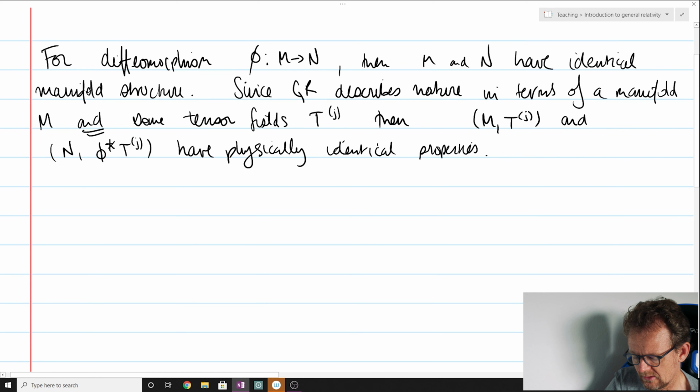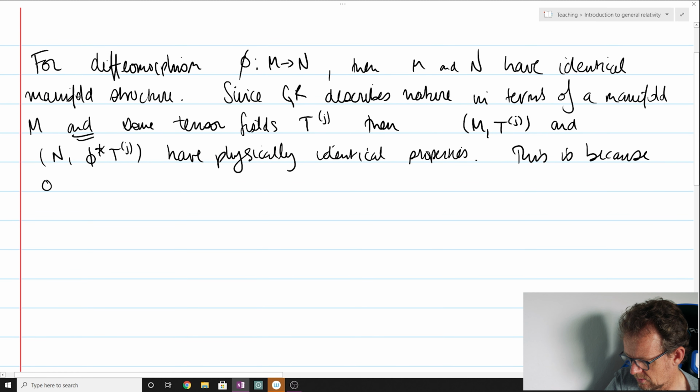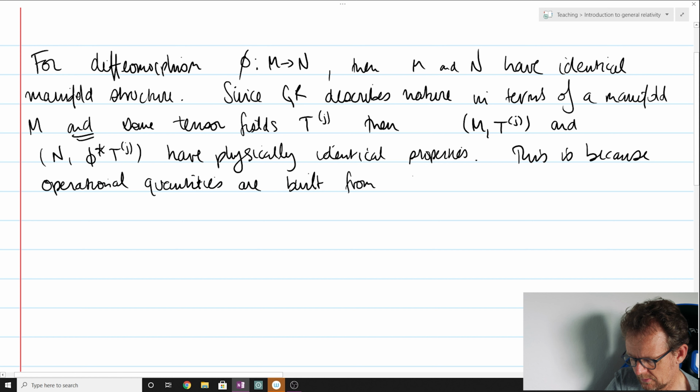And the reason is because all operational quantities in general relativity are built, operational means you can design an experiment to measure them, are built from these tensor fields T^j in a coordinate-free manner.